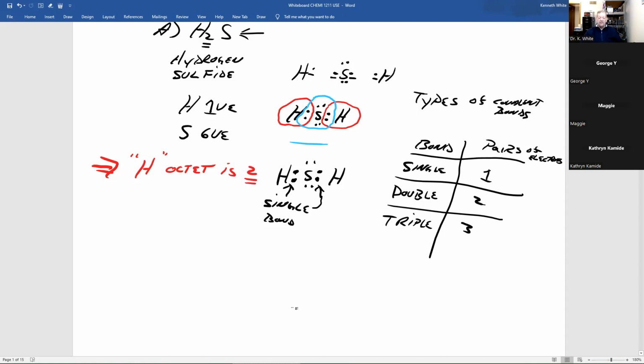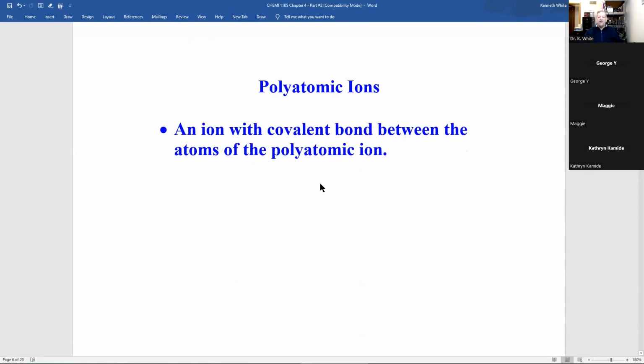Now, something I skipped yesterday, and I can go back to right now, is the following: polyatomic ions. Now, you learned earlier, and again, this is test 2 material, polyatomic ions are atoms held together, more than 2, and they have a positive or negative charge.